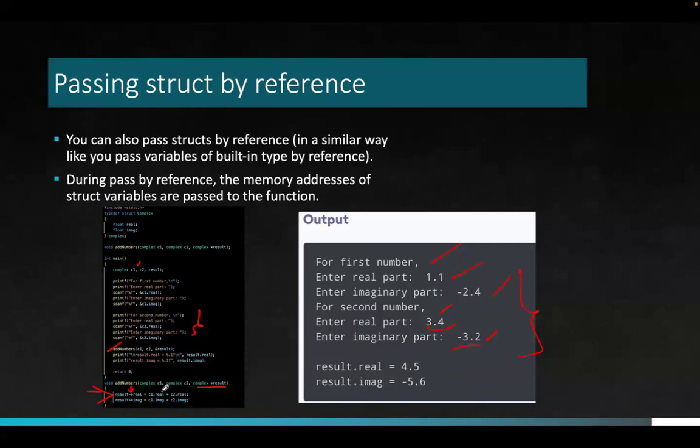Once it is accessed, we do the addition and store that data in the referenced real part and the referenced imaginary part of the variable. That is why there are two, as I said in previous slides, we have two ways to access a member. One is the dot operator, and the other is the arrow operator.